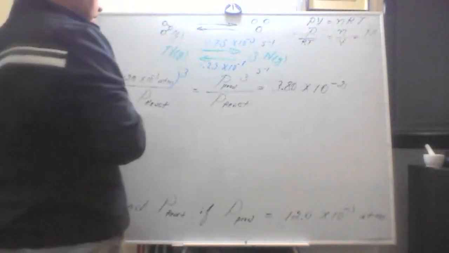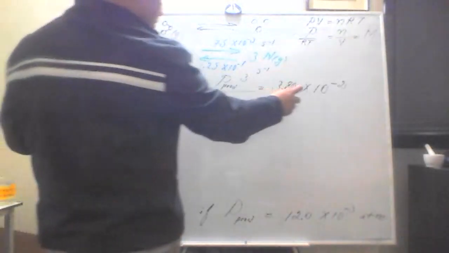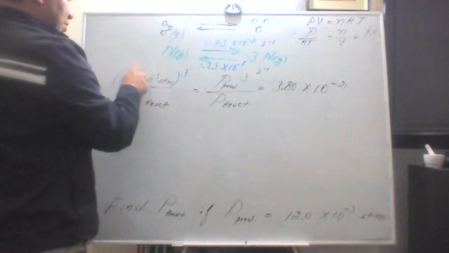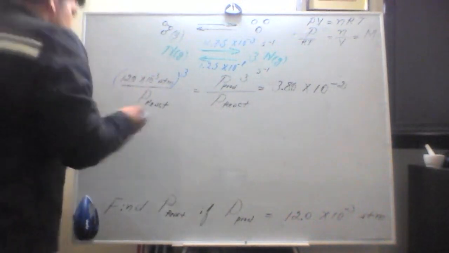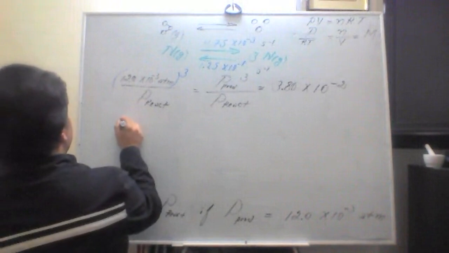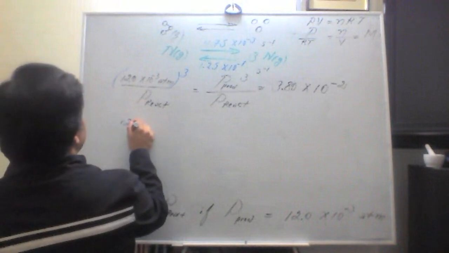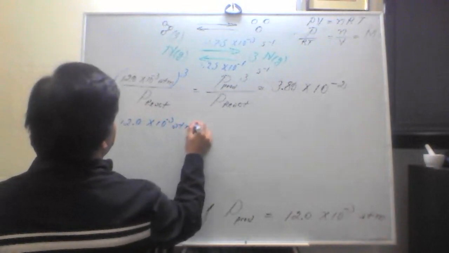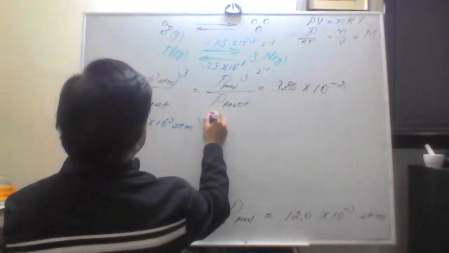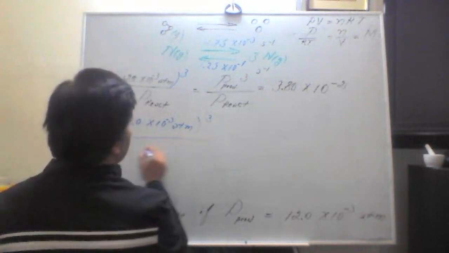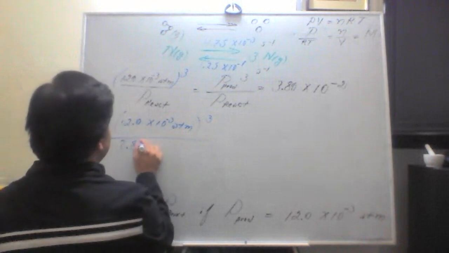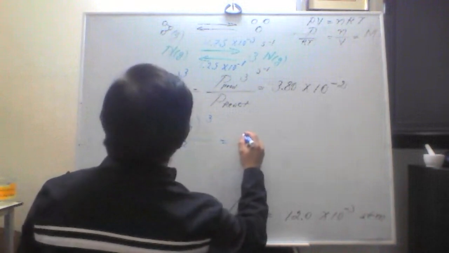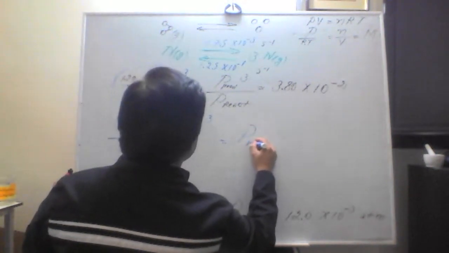Okay. So now we just solve. So these two exchange places. This was here, and that one stays. So what we get is 12.0 times 10 to the minus 3 atmospheres to the third power over 3.80 times 10 to the minus 2 is going to be equal to the partial pressure of the reactant.